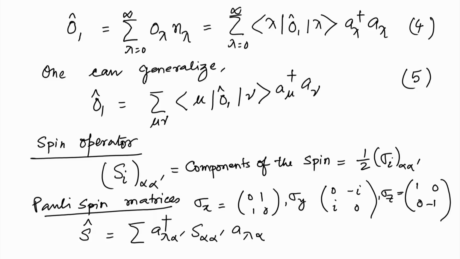This is the representation of the spin operator in the second quantized notation, where S alpha alpha prime is the matrix element as we have shown above, and A lambda dagger and A lambda alpha etcetera are the creation and annihilation operators.